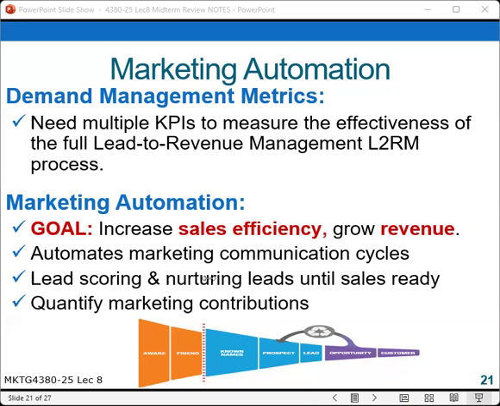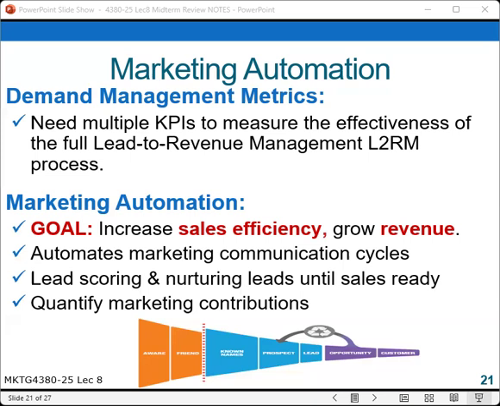So you want to start off with attracting customers or potential customers, and that's going to happen via multiple channels. You want to be able to then nurture them, send them targeted marketing materials, and see how they react.